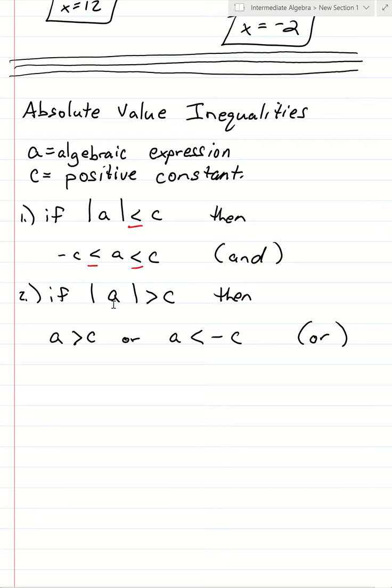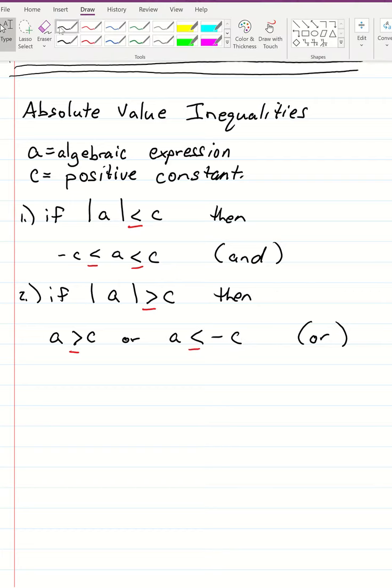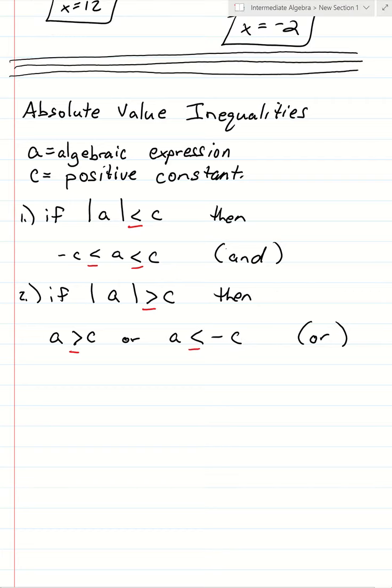If the problem read, the absolute value of the algebraic expression is greater than or equal to the constant, then you'd have to use greater than or equal to and less than or equal to symbols there as well. So be consistent with your inequality symbols. If it involves the or equal to symbol, you must have it as part of your answer. If it does not, then you just use the less than or greater than symbol. Let's take a look at examples.